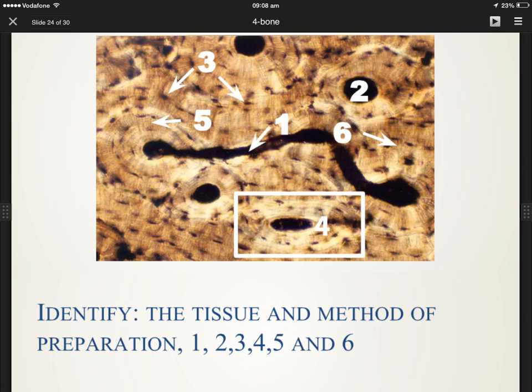Identify: one is the Volkmann canal, 2 is the Haversian canal, 3 we have the lacunae, 4 we have the Haversian system or osteon, 5 we have concentric lamellae containing canaliculi, 6 here is also denoting the canaliculi, so you can mention in 5 the concentric lamellae, and in 6 the canaliculi.